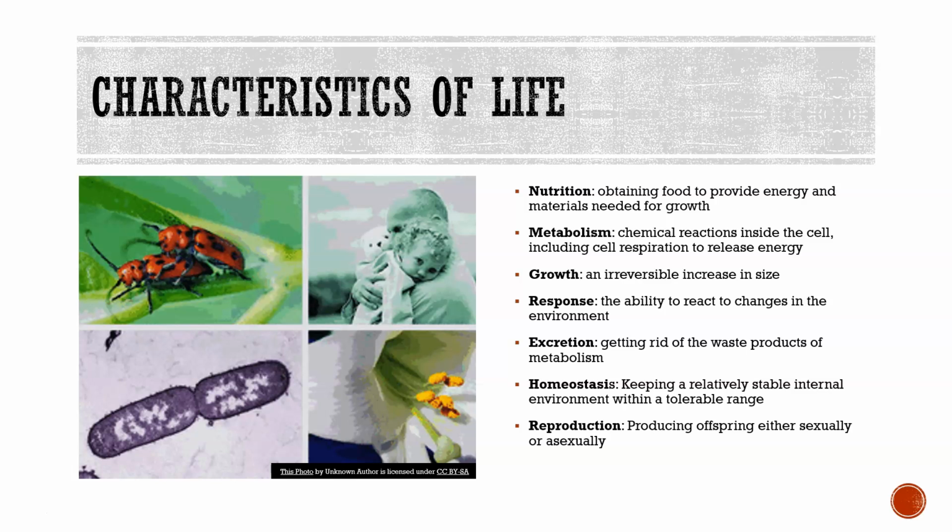All living organisms keep their internal and external environment constant through the process of homeostasis, depending on the changes of external environments or internal environments. So homeostasis is a characteristic of life, and all living organisms reproduce, whether it's sexually or asexually.